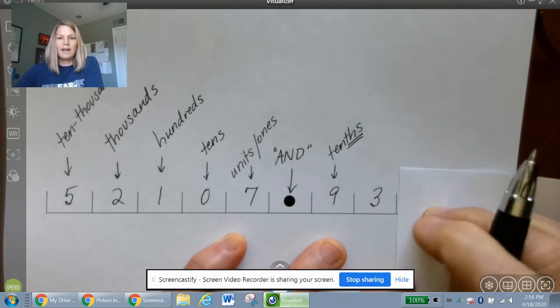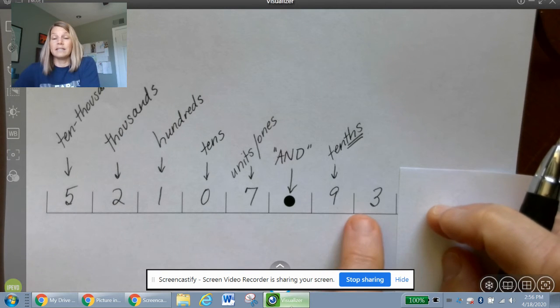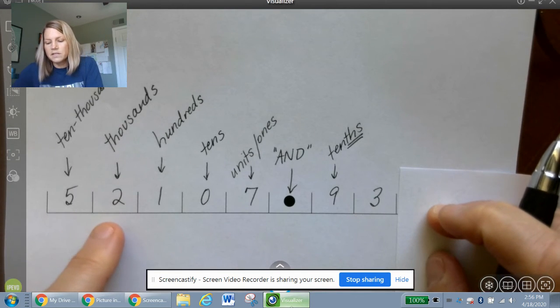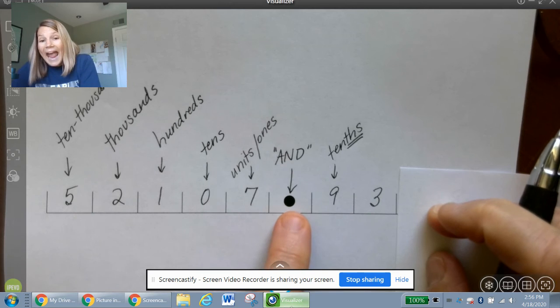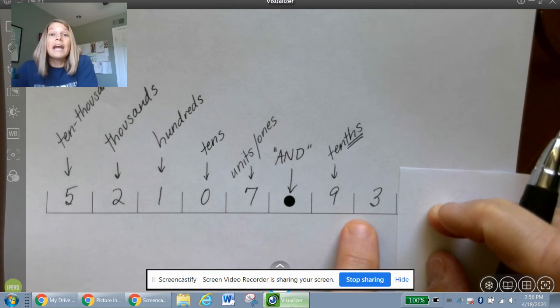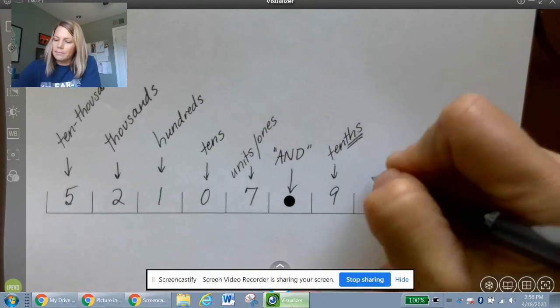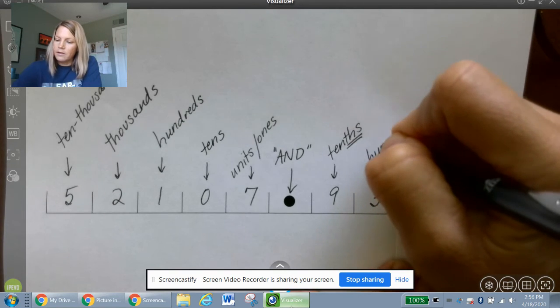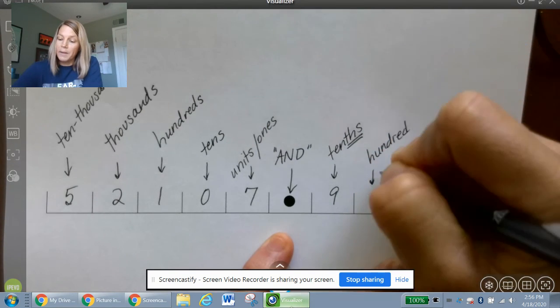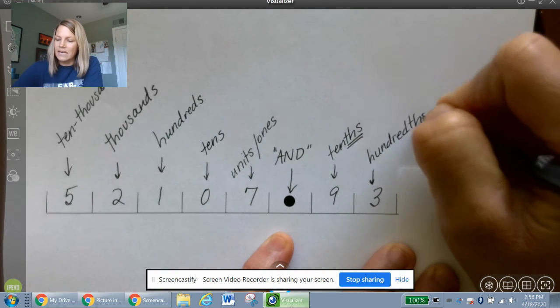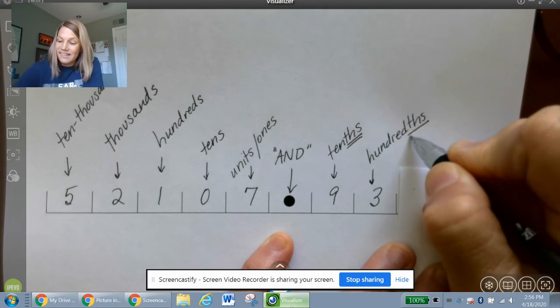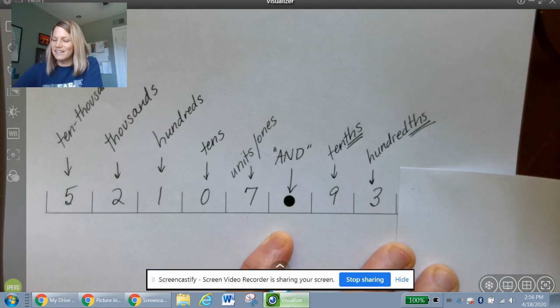If I extend that and look at the 9 and the 3 together after the decimal, this would be 52,107 and 93 hundredths. This place value is the hundredths. So spelled like 100, but then with the THS after the end. That's how I know it comes after the decimal.